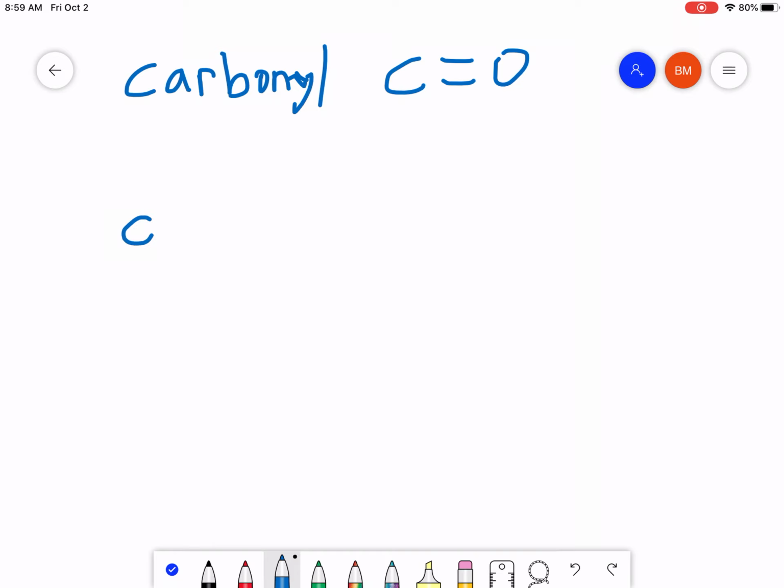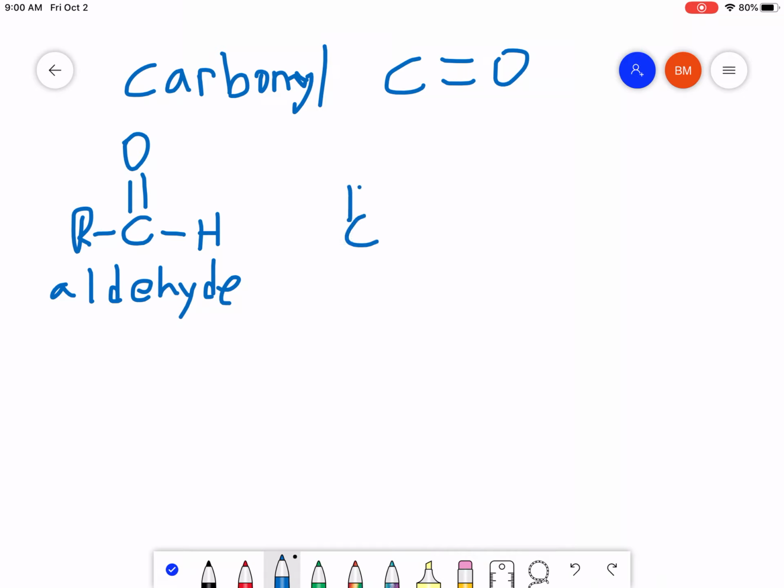So for instance, R, by the way, in case you don't know, just stands for a random carbon chain. If you have at least one H attached to your carbonyl carbon, then it's called an aldehyde. If you have two carbon groups attached, then it's called a ketone.